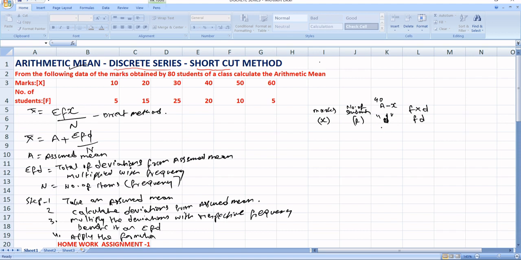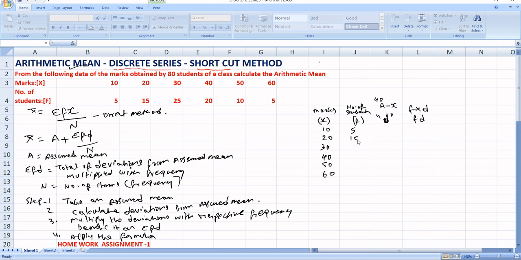Let me write the marks first: 10, 20, 30, 40, 50, and 60. And what are the respective frequencies? The students who got 10 marks, 5.